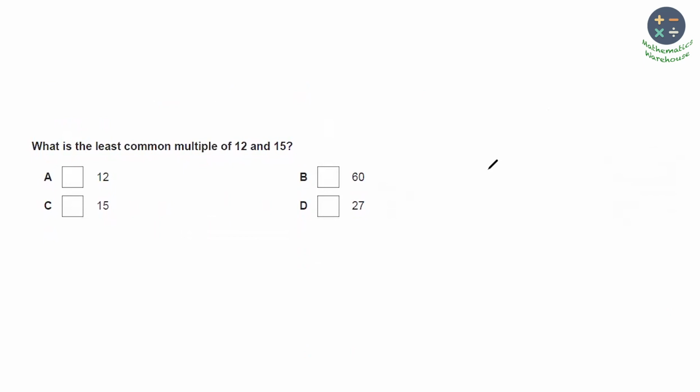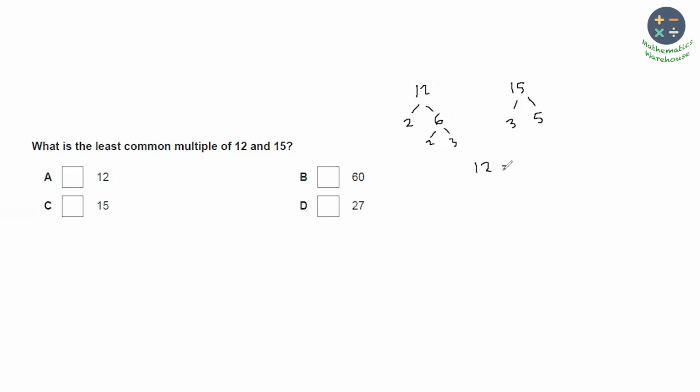Next question, what is the least common multiple of 12 and 15? As we said, we have many ways to find the least common multiple of two numbers. Using prime factorization, 12 is 2 times 6, which is 2 times 3. 15 equals 3 times 5. Both are prime.